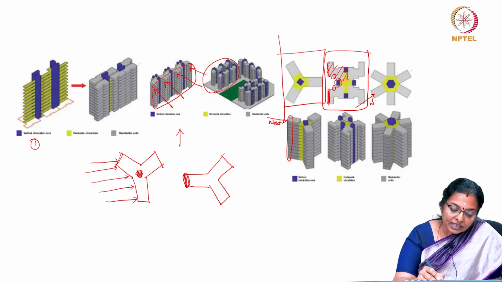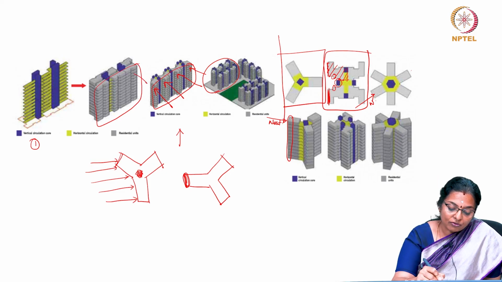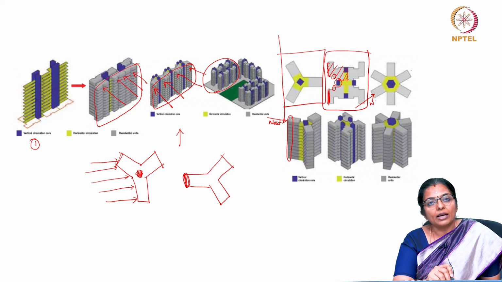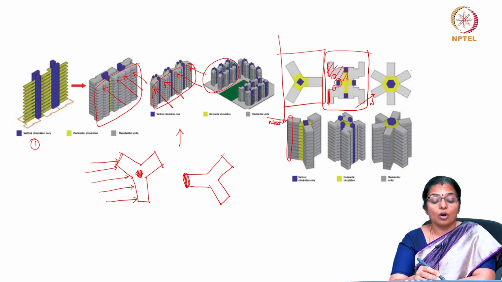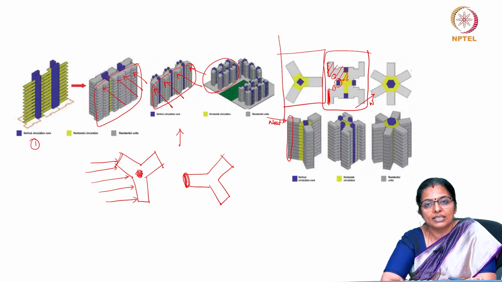Similarly, these houses will be affected due to direct solar radiation if this were the west facing facade. And therefore, it is very important for you to understand a combination of orientation and massing.